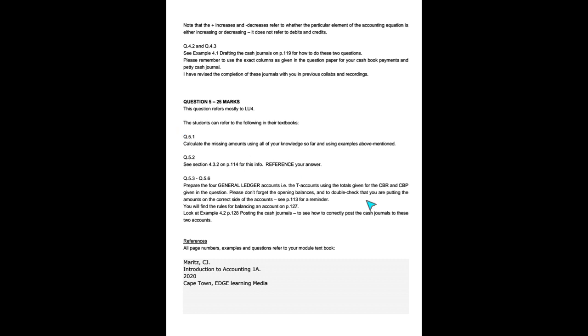They want us to balance all of the accounts properly at the end of the month, which means you must total the T account when you've finished your postings and work out what the balance brought down is going to be for the beginning of the new month.